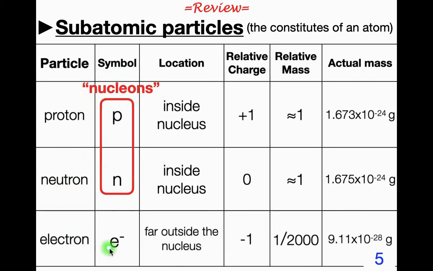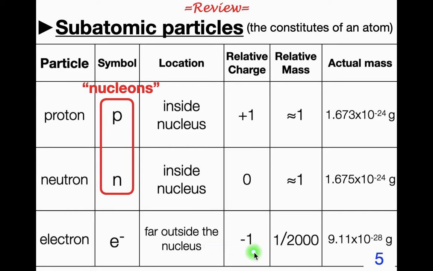The electron, symbol lowercase e with a negative sign on it. Now, sometimes you'll see the P for proton with a little positive sign, and the N for neutron with a little 0. IB doesn't use that. I don't use that, but you'll see that now and then, and that's all it means. Nothing different. The electron is found far outside the nucleus.